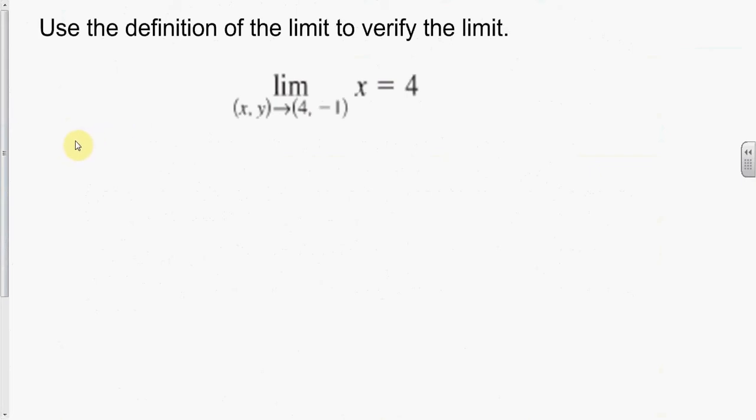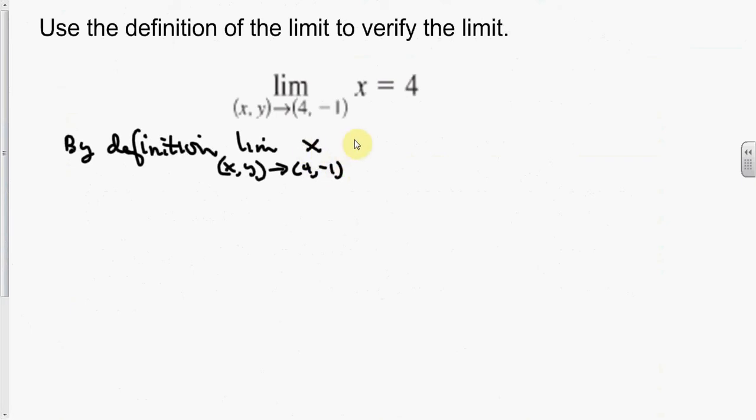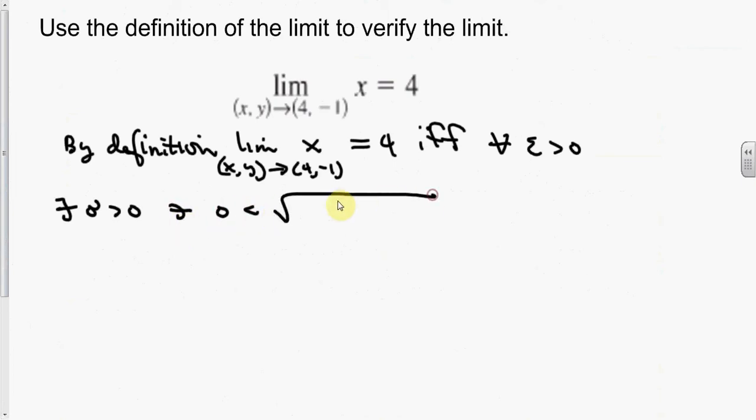So the definition says, by definition, the limit as x and y approaches 4 comma negative 1 of x is equal to 4 if and only if for all epsilon positive there exists delta positive such that 0 is less than the square root of (x minus 4) squared plus (y minus negative 1) squared is less than delta.